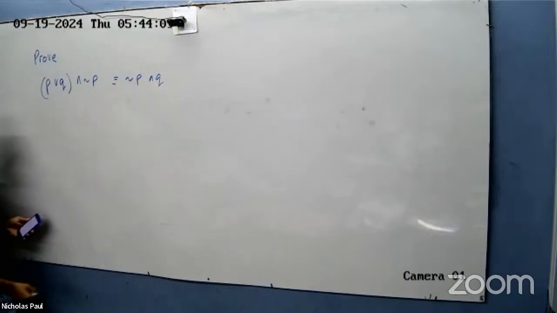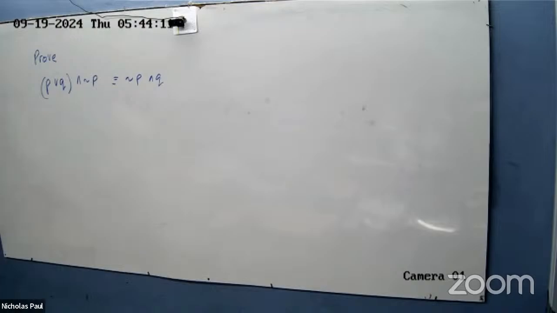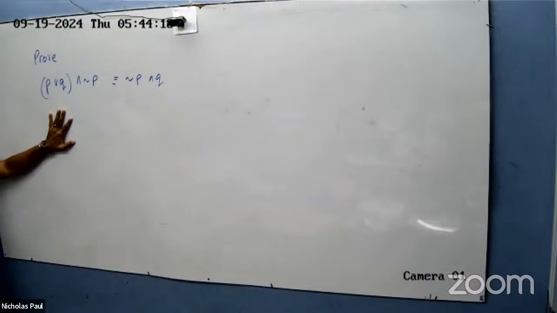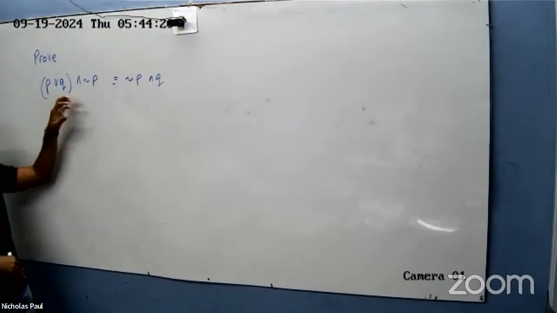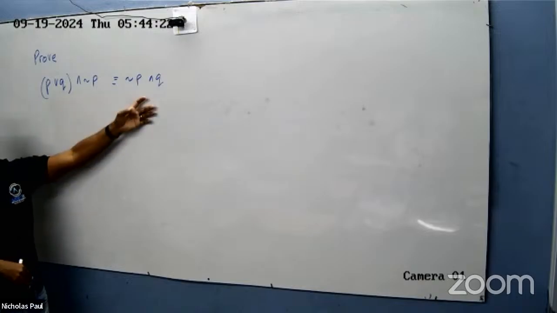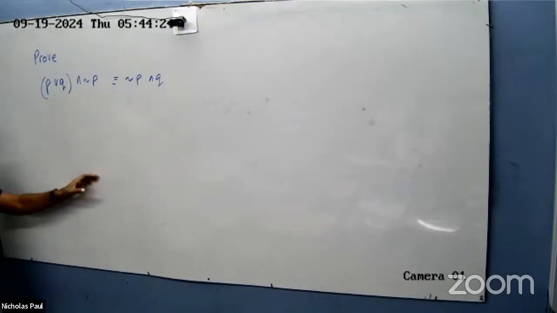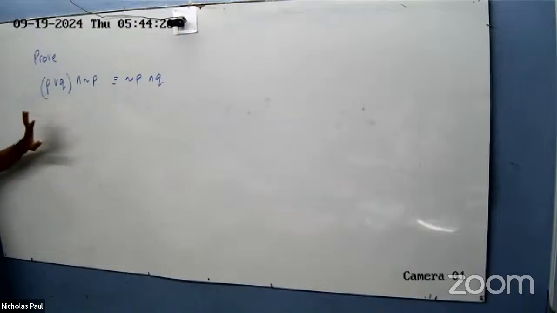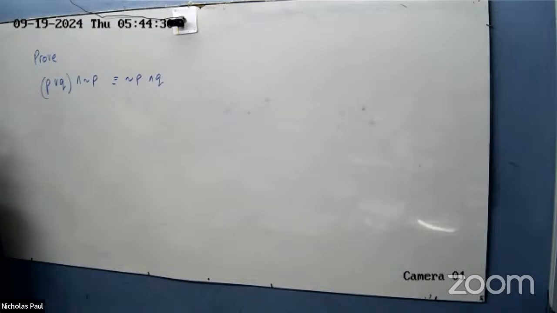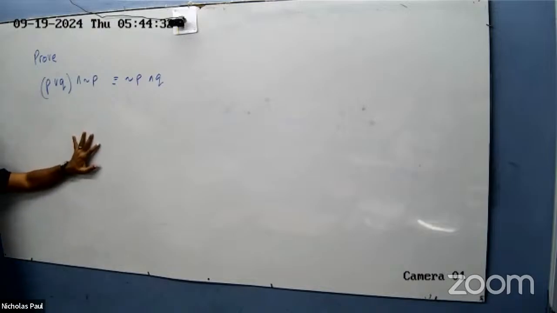So what's one way we can prove this? Besides the algebra, we can use truth tables. We can develop a truth table and show that the truth values for these two are the same. But if they told us to use algebra of propositions, that's where we have to use those rules that I showed you.